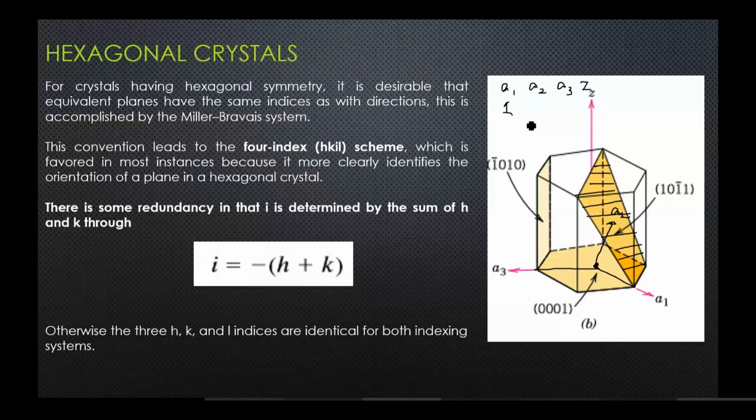Is the plane cutting the A2 axis? No, sir. All right, tell me where is it cutting, beta? It will pass below it. Absolutely. So it is not cutting; its intercept is infinity.